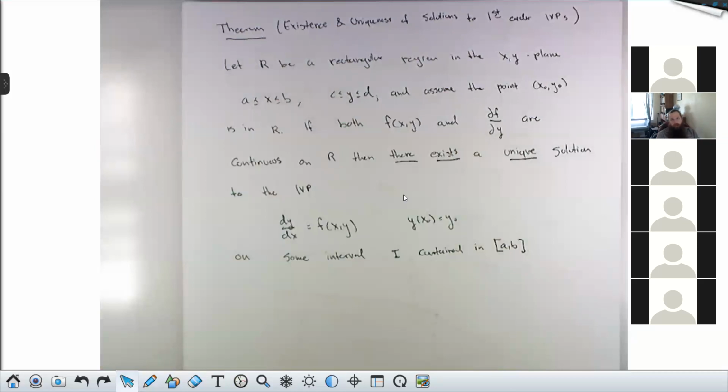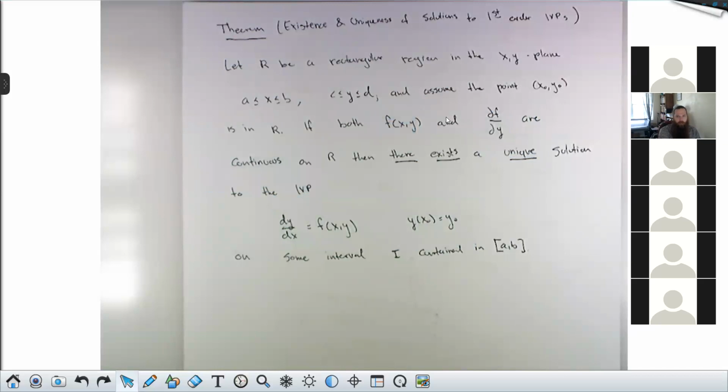That's the theorem. I know it's a lot of word soup, so I'm going to draw some pictures and try to help you see it in the context of the example we just did. Basically, if you're given a first order initial value problem and you want to check whether there is a solution and whether that solution is unique, you can verify that there exists a rectangle on which the function f and its first partial derivative with respect to y are continuous.